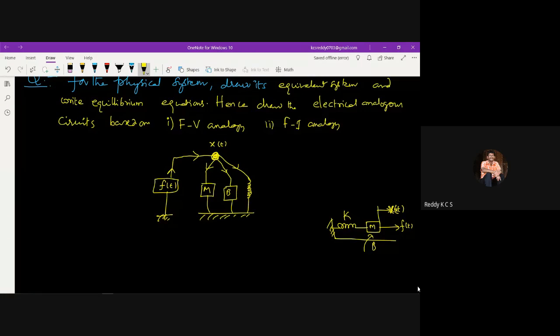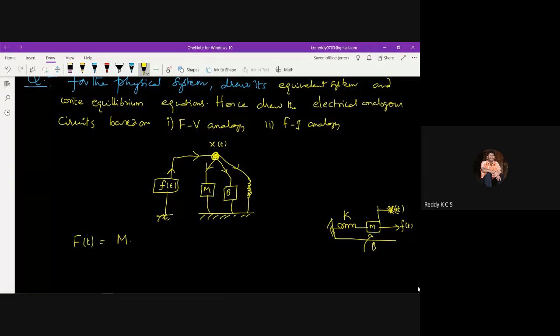I can write f(t) is equal to m into, because of this force applied, the displacement causes linear motion with the acceleration a.